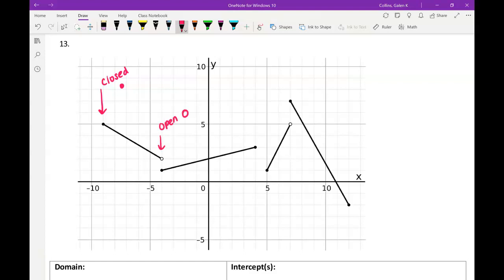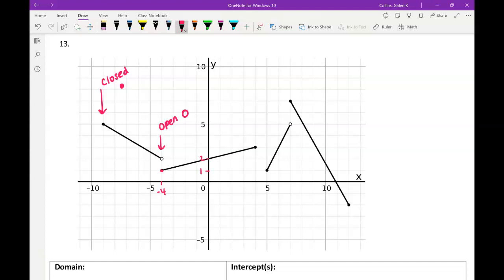Like a washer, or a circle that's not bubbled in. The function does not exist there. So if I were to ask you what is the value of this function when x equals -4, you would tell me that the value is 1 because I have a closed circle there. You would not tell me that the value is 2 because there is an open circle there.